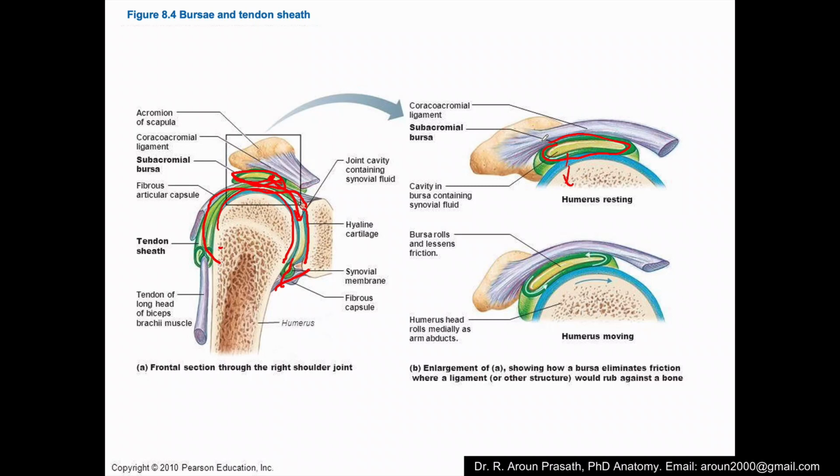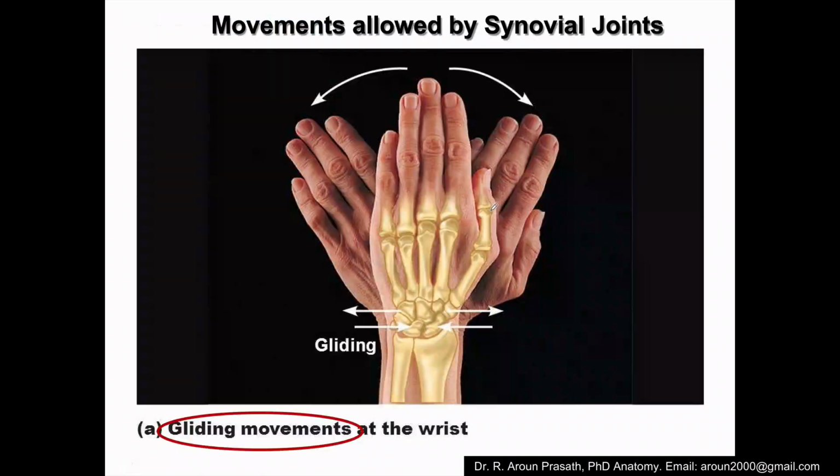So these are the common characteristic features a synovial joint should have. Now the synovial fluid allows different types of movements: flexion, extension, abduction, adduction, circumduction, internal rotation, and external rotation.